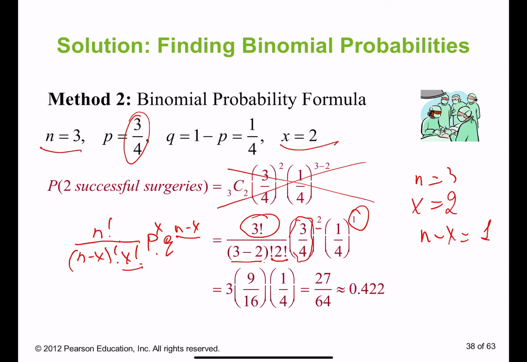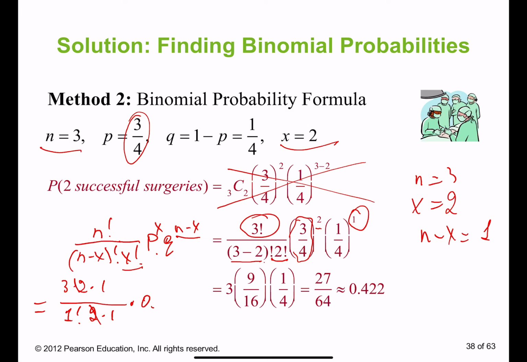So what do we get if you plug in and solve it? They solve it here with fractions, which I don't like. So 3 factorial is 3 times 2 times 1. 3 minus 2 is 1 factorial, which is the same 1. 2 factorial is 2 times 1. So the 2 and 2 are gone.